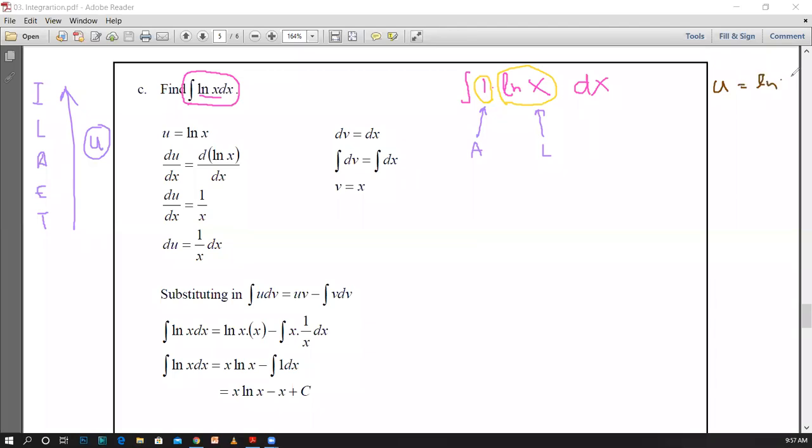Since you have identified that u is equal to ln x, you can get the remaining part of this function. Then dv is equal to 1 times dx. If you apply the integration by parts technique, you need to identify the quantities u, v and du. These are the things we need to identify.